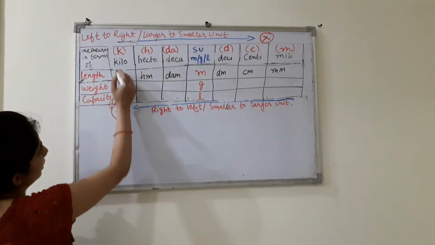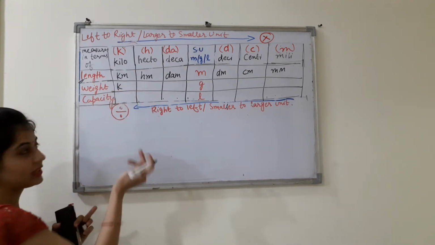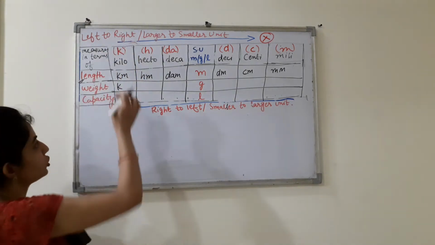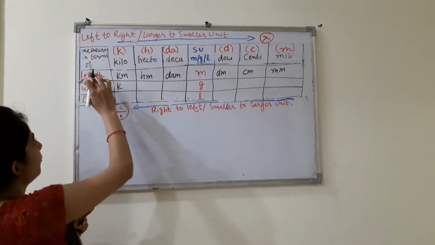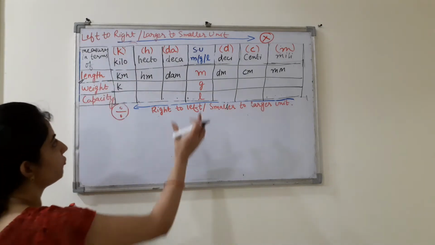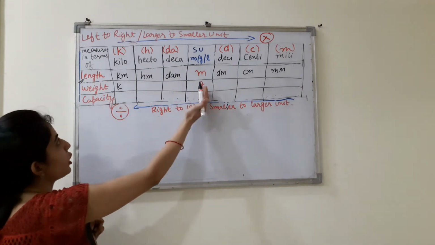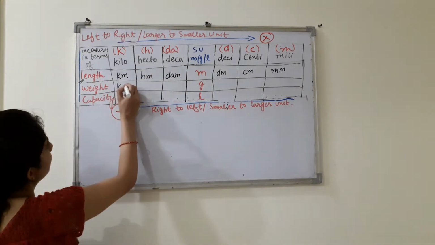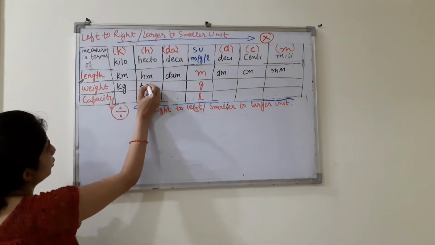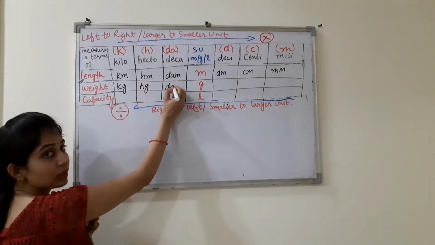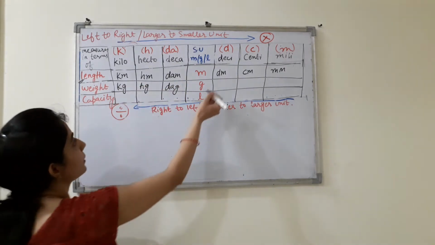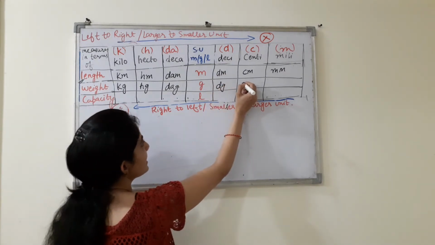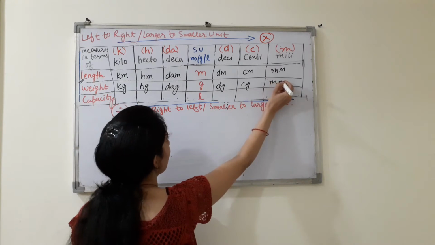So for weight, here is K. See, the main unit is the same for all. Here it is K. So this K is for all the three: length, weight and capacity. We will simply add their corresponding standard unit. So now it will be kilogram, hectogram, decagram, gram, then decigram, then centigram, then milligram.